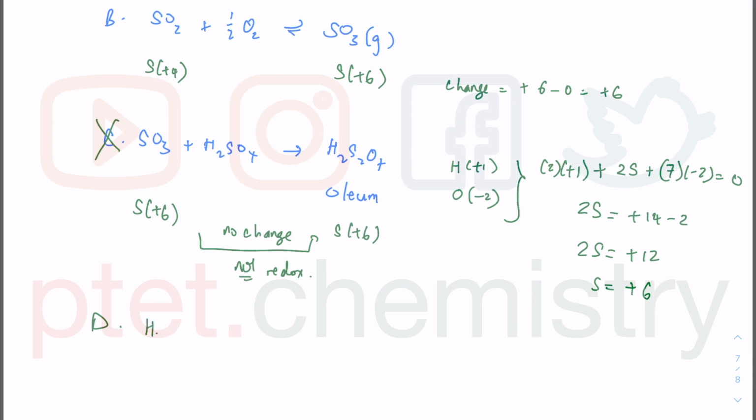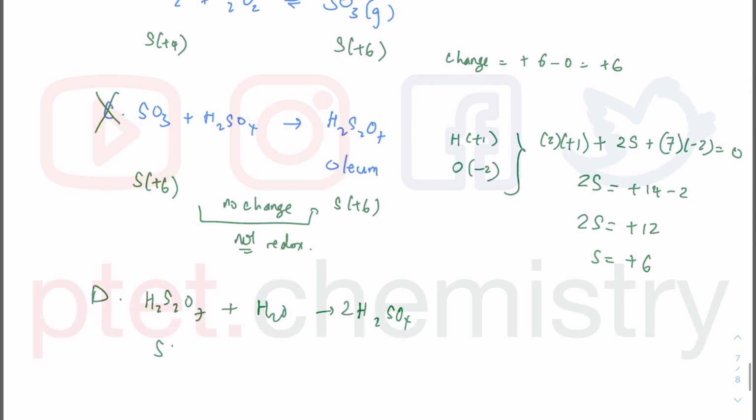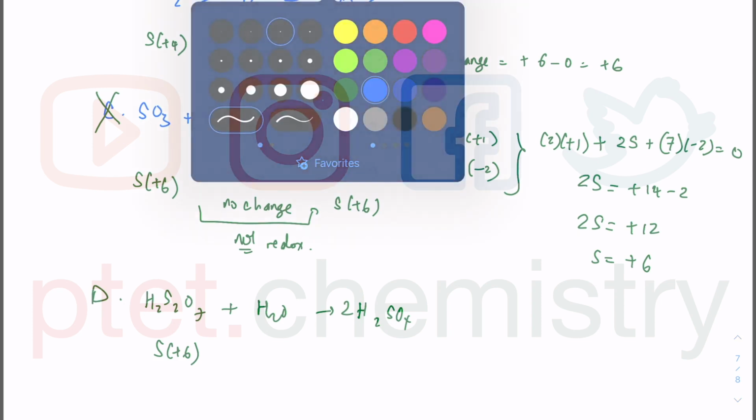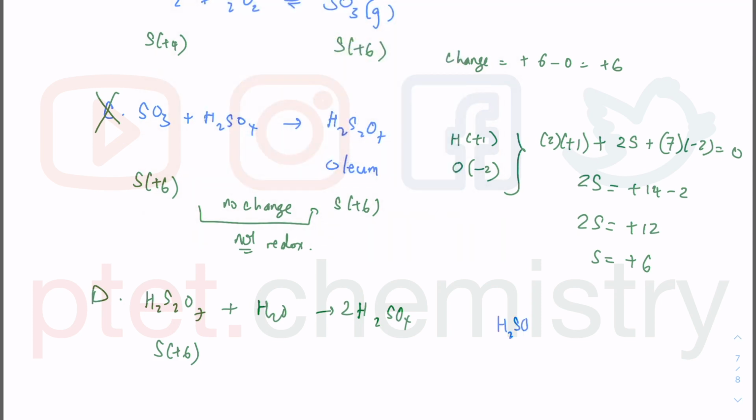And of course, when you go from H2S2O7 plus H2O going to H2SO4, there are 2 of them. You should notice sulfur +6 from the previous example that we did. Last but not least, you can work out H2SO4. So +1 times 2 because 2 hydrogen, sulfur, and then 4 times -2 equal to 0.